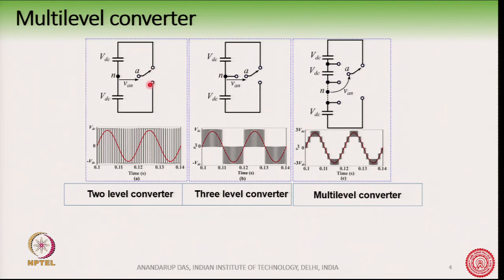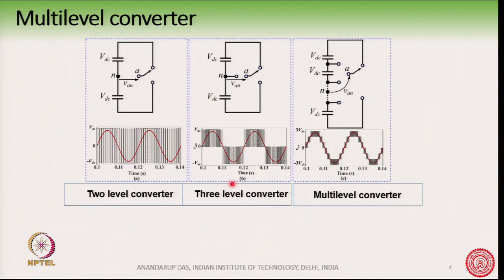So, the waveform I wish to produce is the red waveform, but the one I can produce is the black waveform, and there is an instantaneous error between the two.